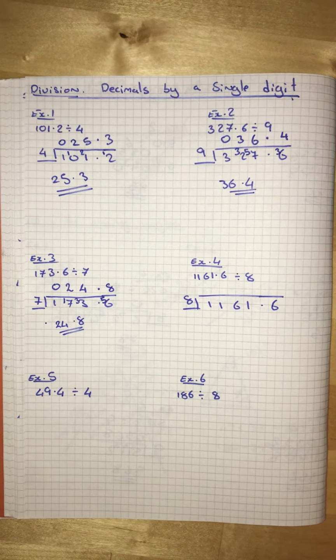So it's gone above, so it's going to be 5. 40 to 41 is just 1, that's the remainder, and then 8 into 16 is 2. So 1,161.6 divided by 8 is 145.2.